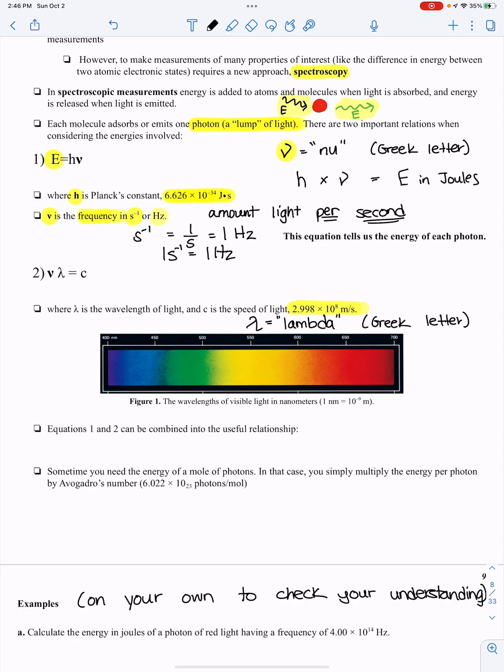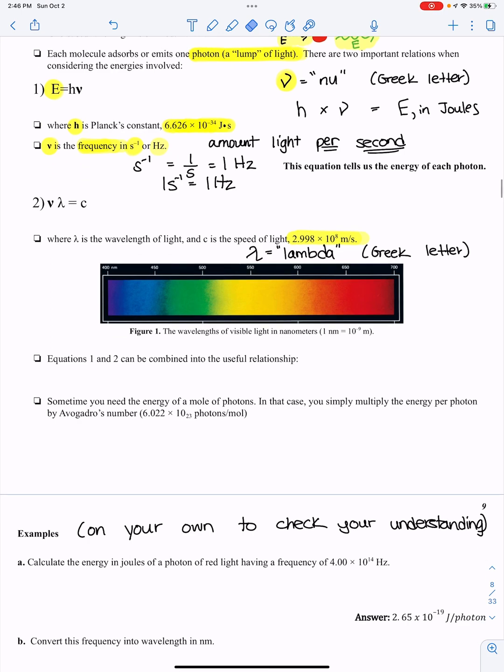We'll do equations and calculations later, but if I say that my frequency is 560 per second, I would multiply that by h, and then I would get my energy in just joules. So just doing a quick example there.